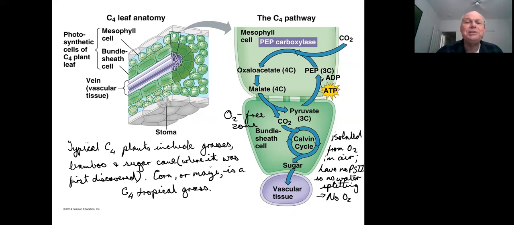But what it means is that in a situation where there would be high light and therefore a lot of water splitting, meaning a lot of oxygen being produced, which would be the tropics, or where it is incredibly hot and there's the real risk of becoming dehydrated, which means you'd want to close the stomata to stop the water loss.